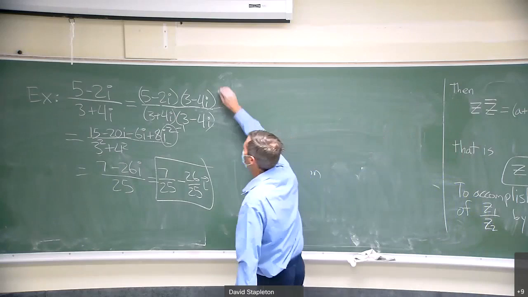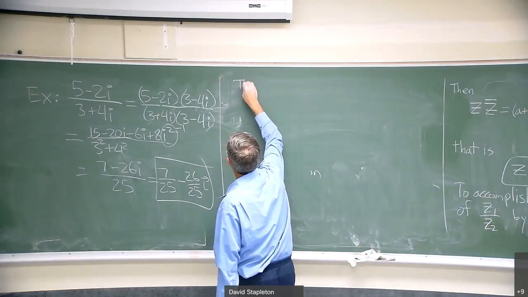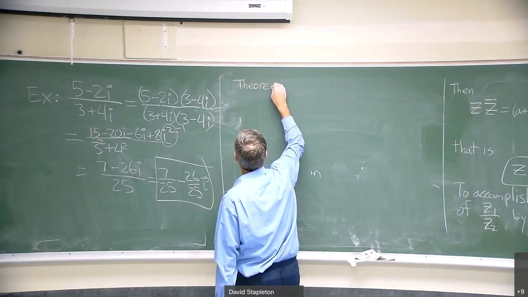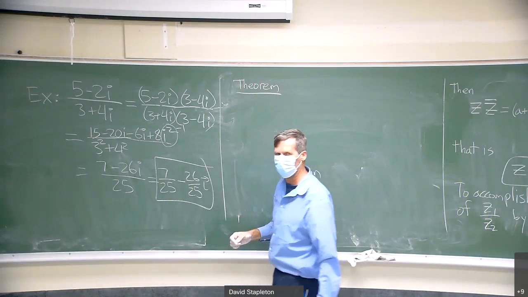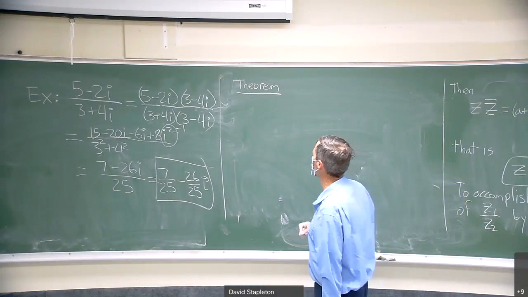Well, if that's not tricky enough, we'll add a new one to it. There's a theorem that says these behave in a nice graphical way if you put them in polar form.